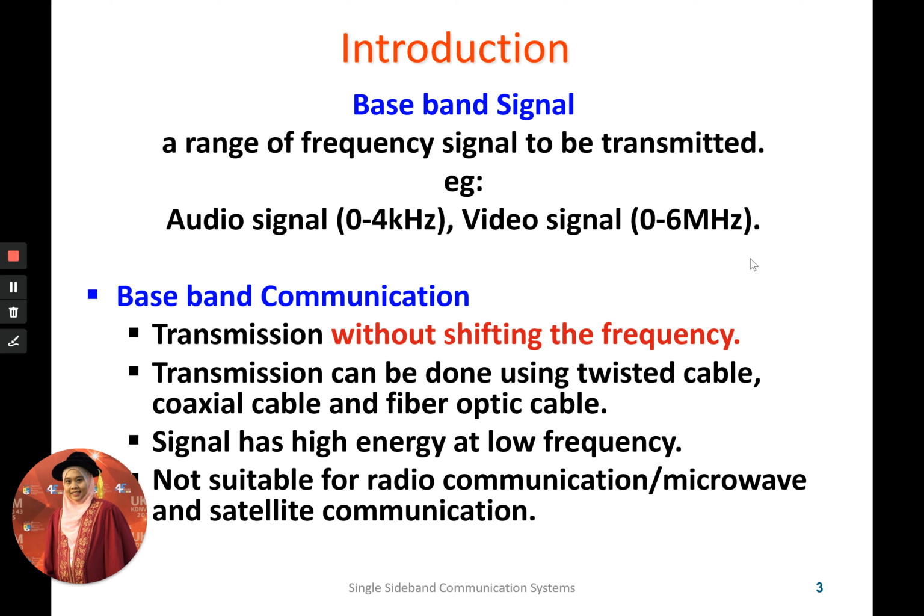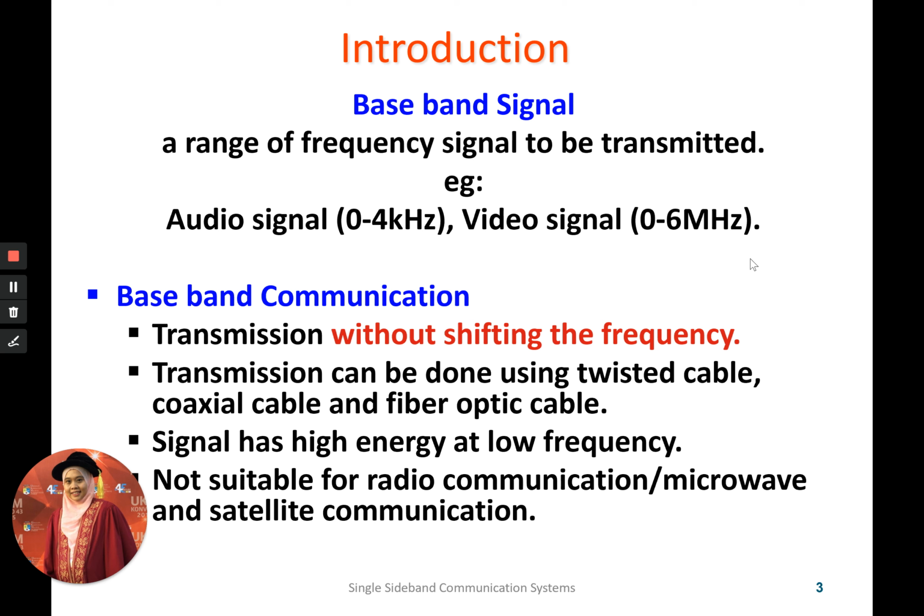So before that, I would like to explain to you about two types of communication system. One is what we call baseband communication. This baseband communication basically doesn't have the process of shifting the frequency, and mostly it can be done by using wired transmission, either twisted cable, coax cable, or fiber optic cable.